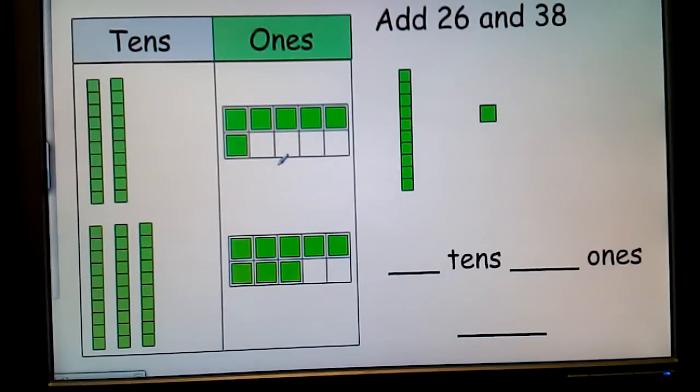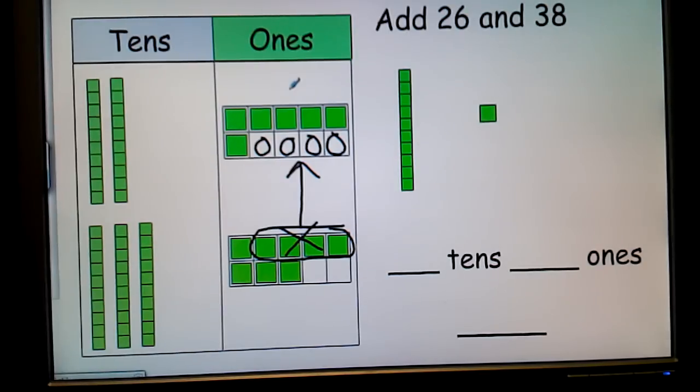So I ask students, is there any way that I can fill up a 10 frame to make my counting easier? I sure can. I can take 4 cubes from down here, bring them up, and plug them right into my 10 frame up top. Once I move them over, it's important to cross these out so I don't count them twice.